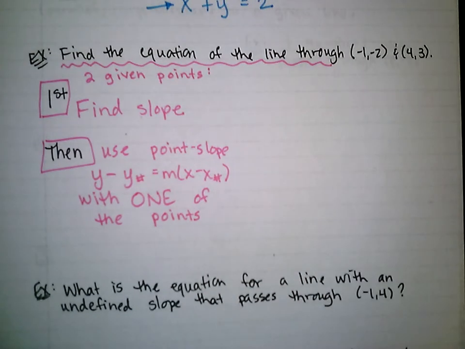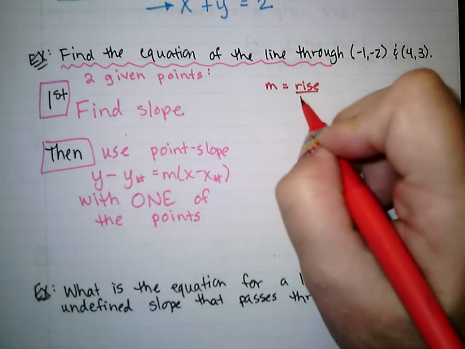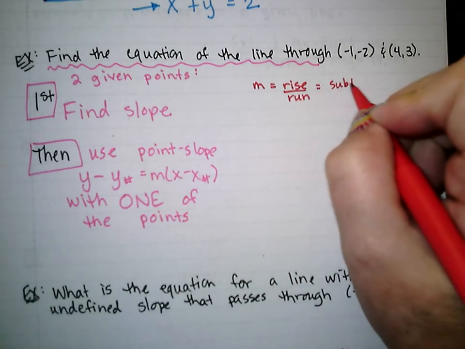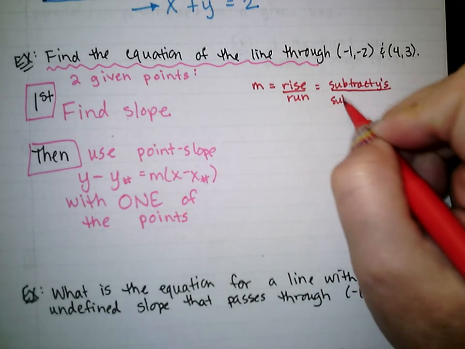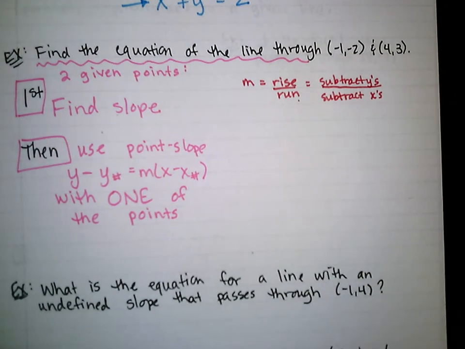So the first thing we want to do is find the slope. And remember, the slope formula was rise over run. So we're going to subtract y's because that rhymes with rise, over subtract x's because that's the run.